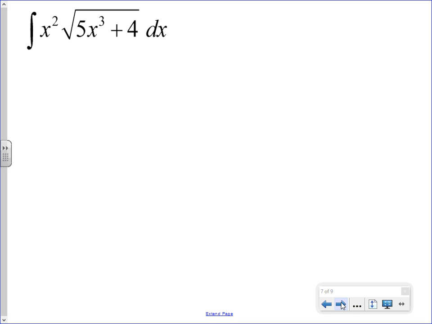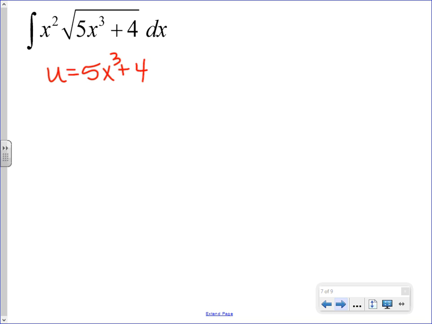It is. When we take the derivatives of polynomials, they lessen by 1 degree. So if we're going to use u substitution, it's our only option, it's good that if x cubed is on the inside, then at least we have an x squared on the outside. So inside of our radical, we have 5x cubed plus 4. That's what we need to let u equal.